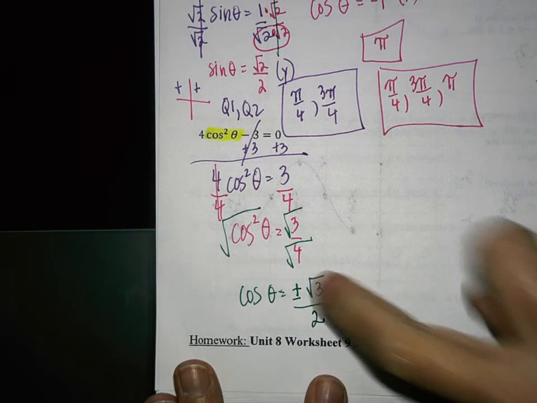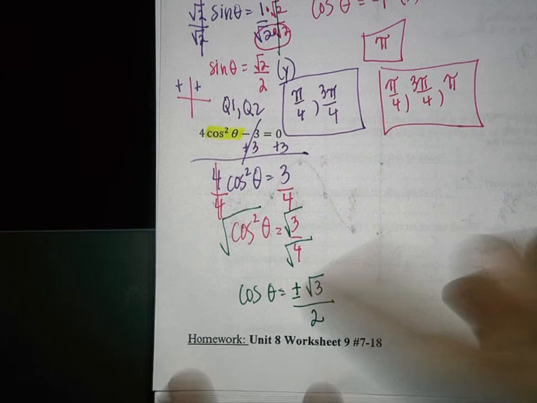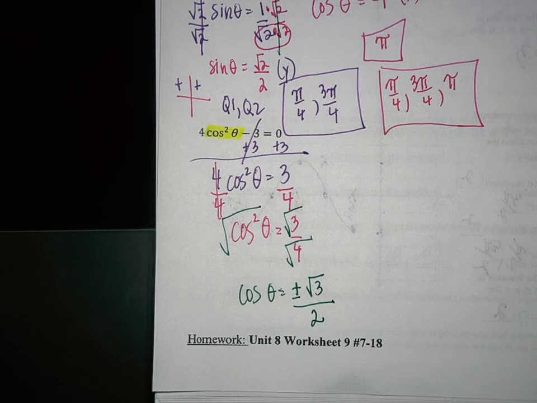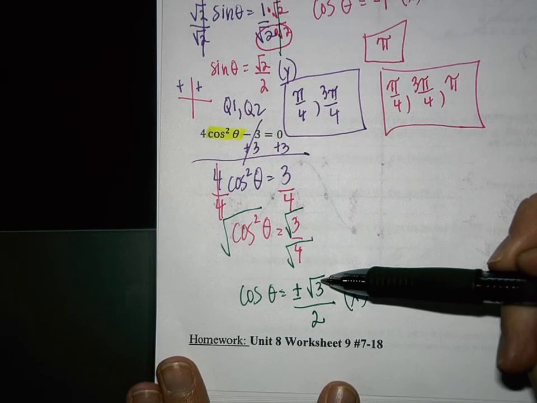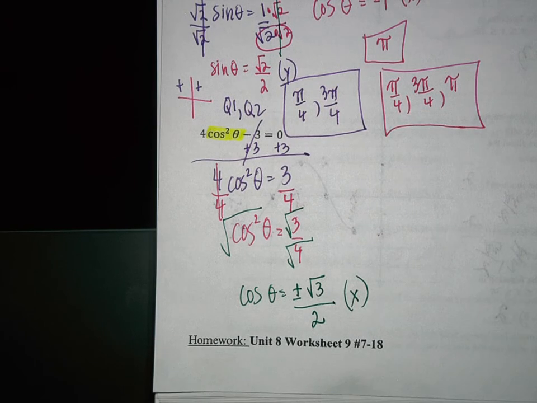Now, because cosine can be positive or negative, we're going to end up having 4 different answers, because in every single quadrant cosine is positive or negative. So we're going to get 4 answers, all 4 quadrants, and we're looking for where our x value is either positive root 3 over 2 or negative root 3 over 2.